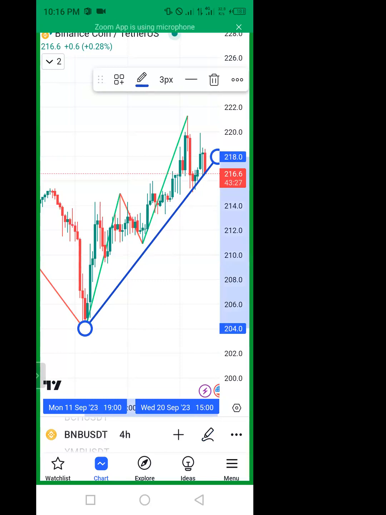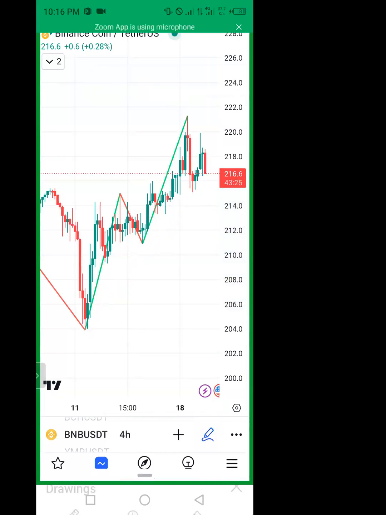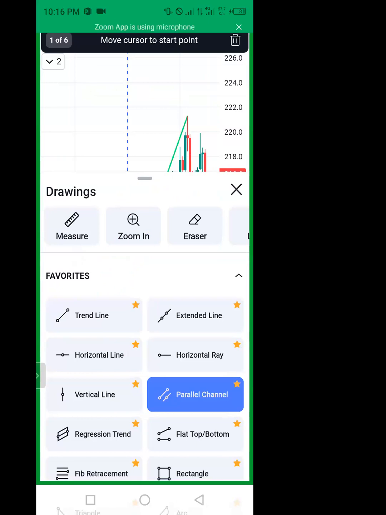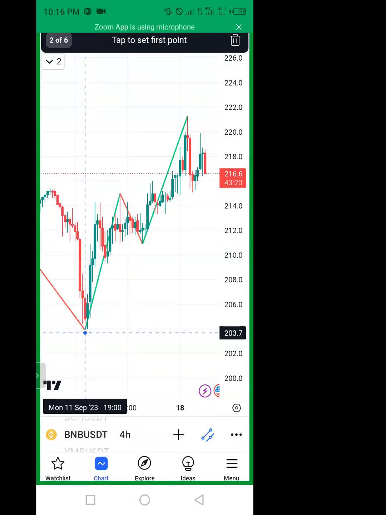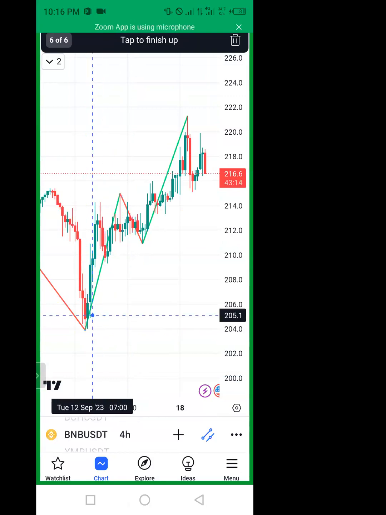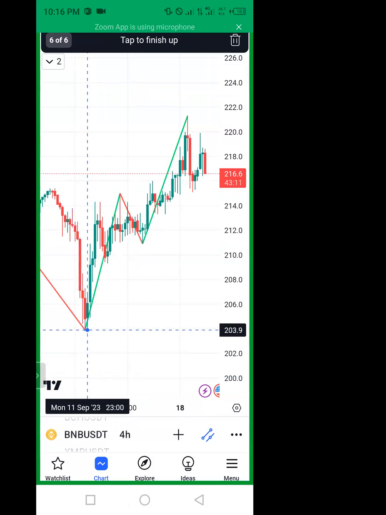If I'm also to put, no, let me just draw. Let me put there a parallel channel.